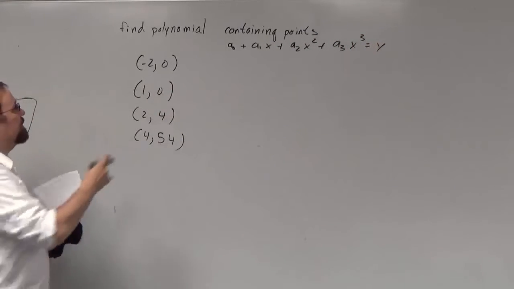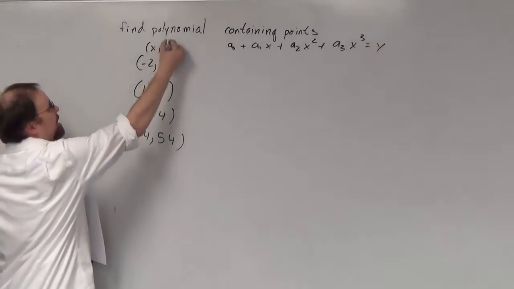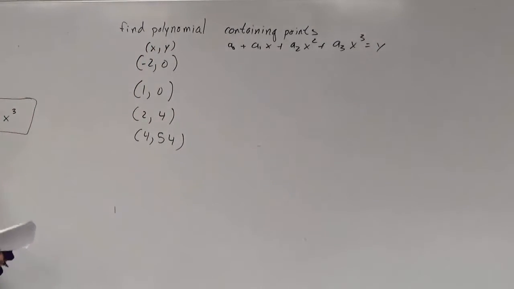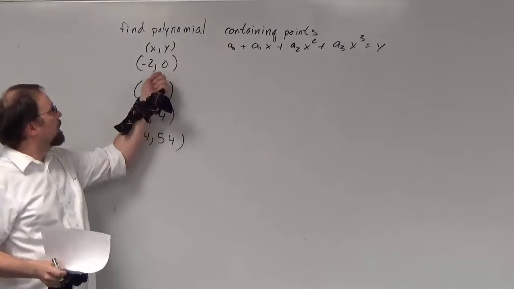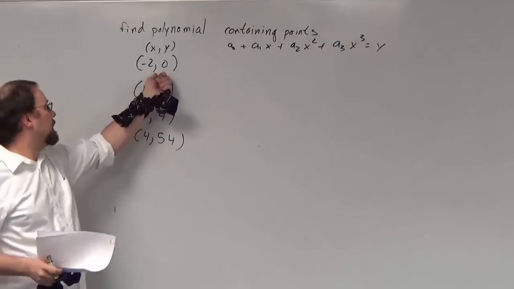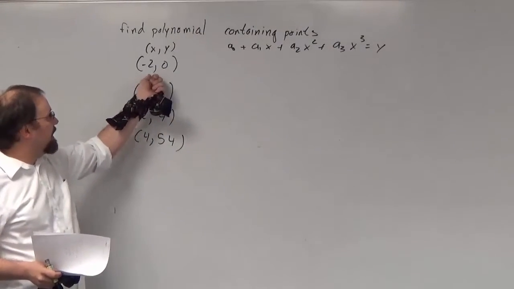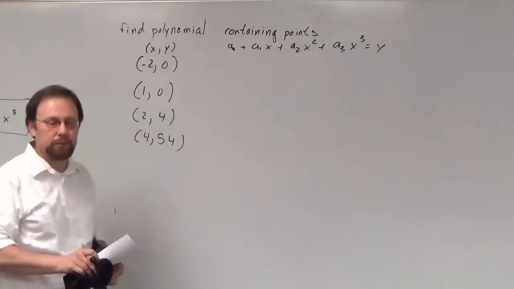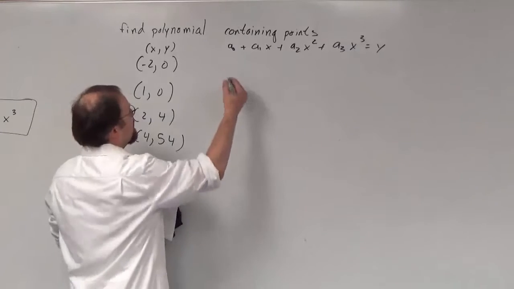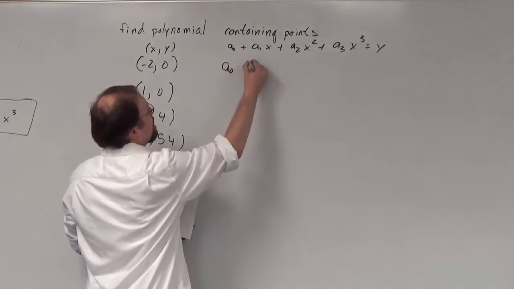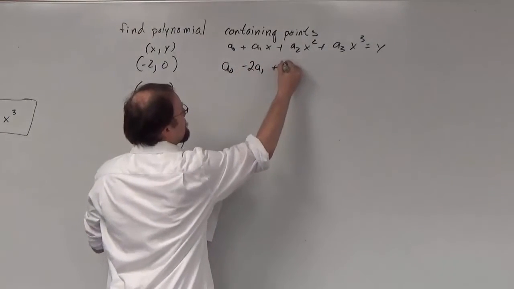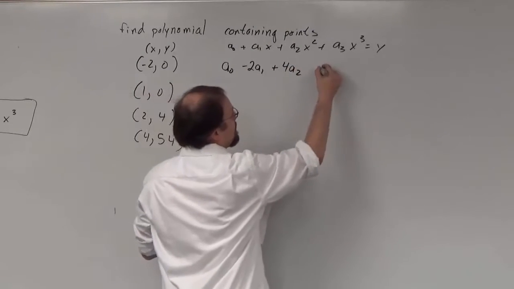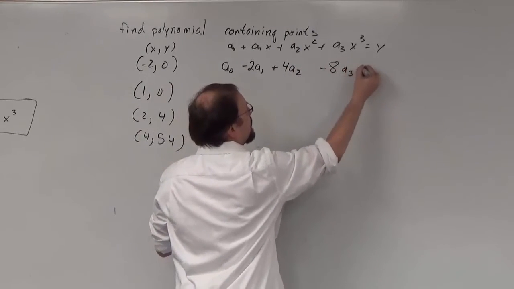Each of these points is an xy pair in the plane. Since we would like our cubic to contain these points, we know that if x is -2, y should be 0. This gives us license to plug those in. So if we replace x with -2, we know that we want y to be 0.